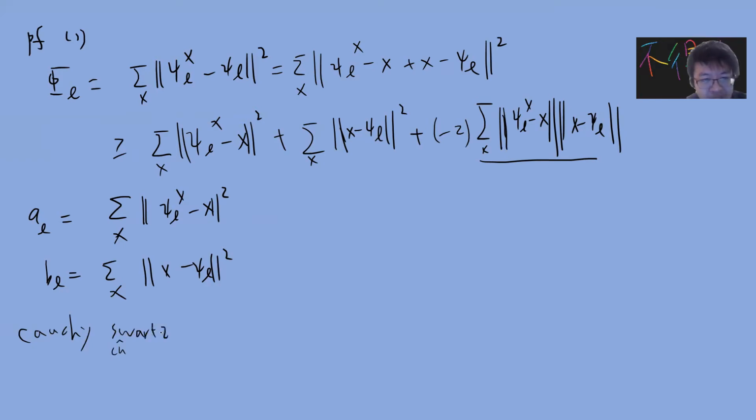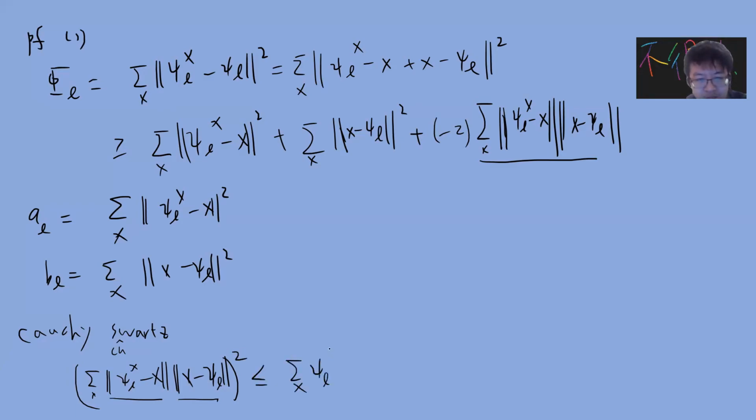So Cauchy-Schwarz tells me that this x, phi L x minus psi L can be viewed as an inner product. So this can be viewed as a vector with first coordinate and second vector, and the inner product. So the square root of that, so you can do the summation of x squared and x minus phi L squared.